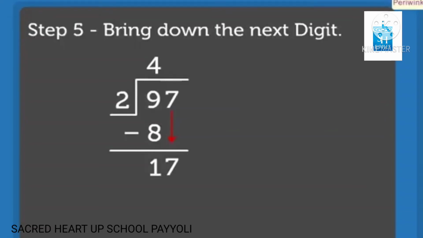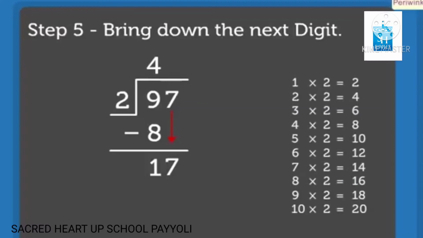So here we again compare 17 and 2. Here 17 is greater than 2, so we can divide 17 by 2. Hence, we use the tables of 2's such that the product is less than or equal to and nearest to 17.